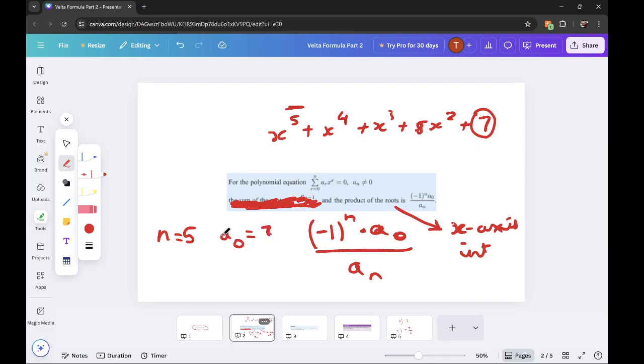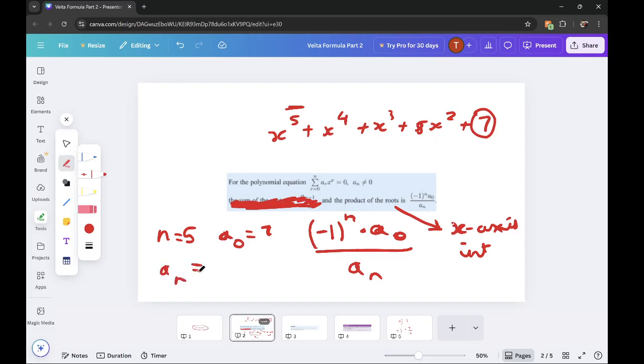If you had an 8 over here, you'd just add both of them and get your constant a0, which is 15. 7 plus 8 is 15, and you'd write that as a0. But 8 is not here, so right now the only thing without an x is a0, which is 7.